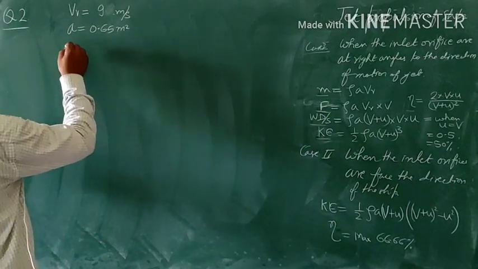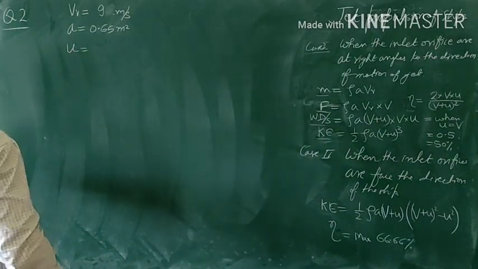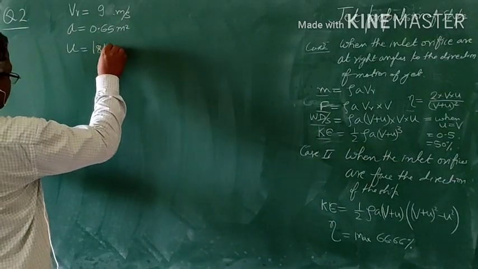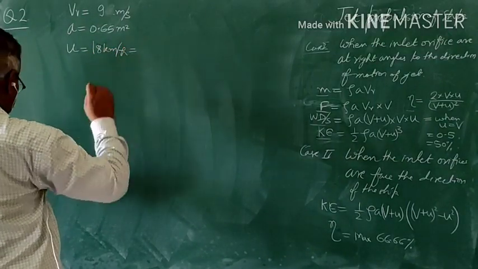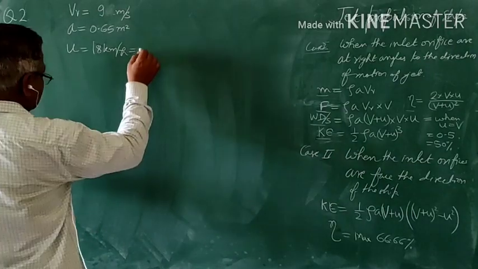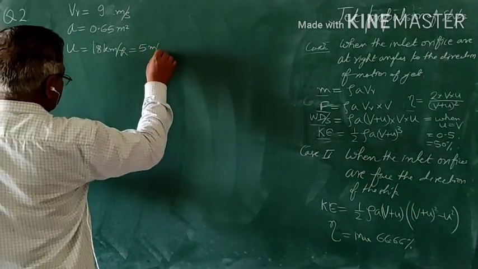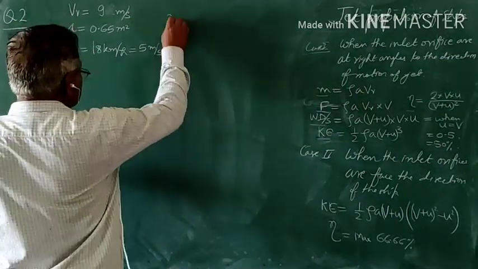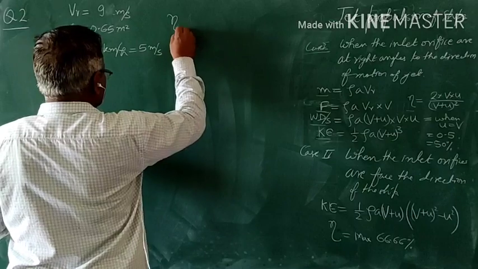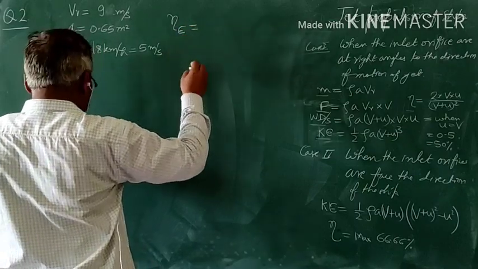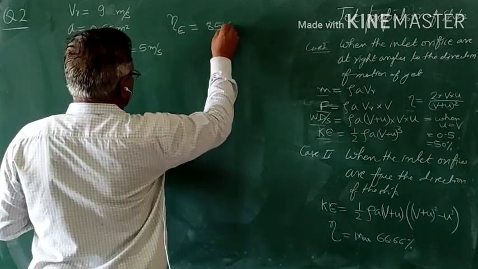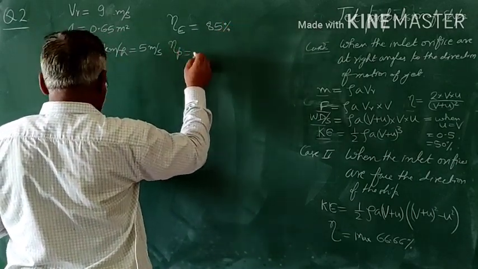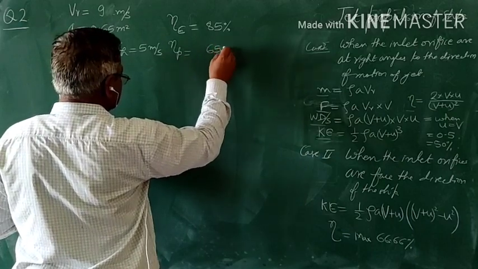Then the speed of the ship is 18 kilometer per hour, which if you convert into meter per second is 5 meter per second. Then it is also given the efficiency of the engine is 85% and the efficiency of the pump is 65%.